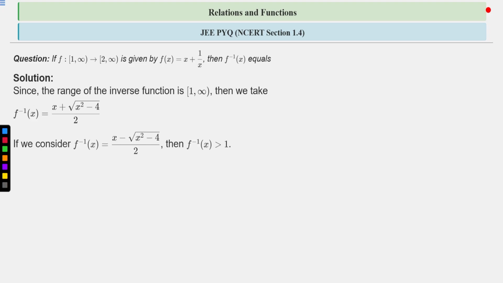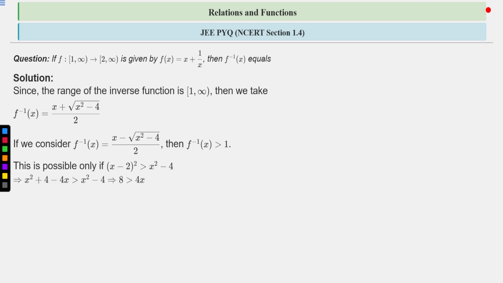If we consider f inverse x as x minus root over x square minus 4, by 2, then f inverse x is basically greater than 1. This is possible only if x minus 2 whole square is greater than x square minus 4.